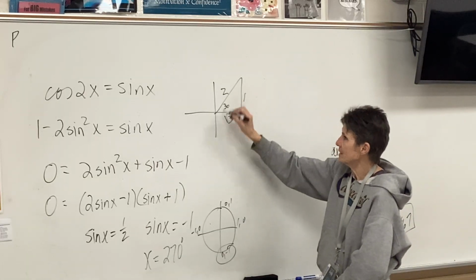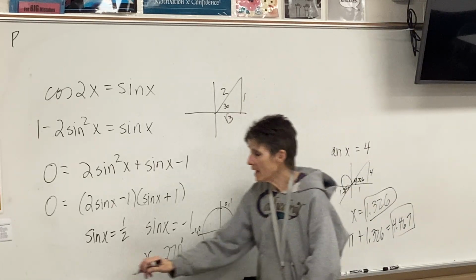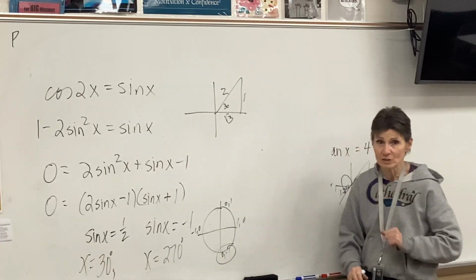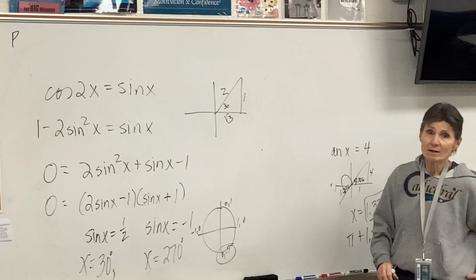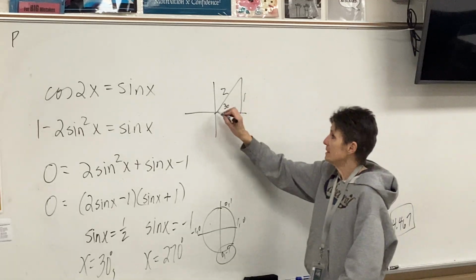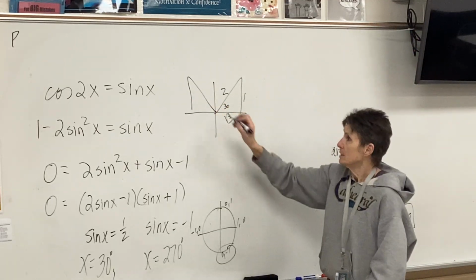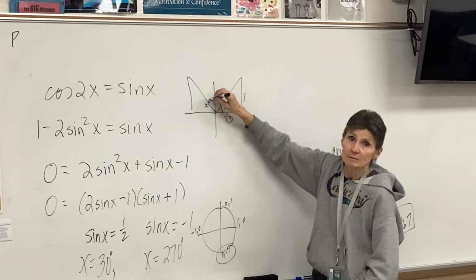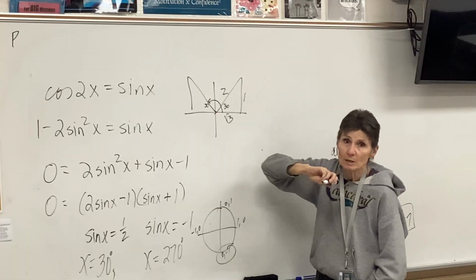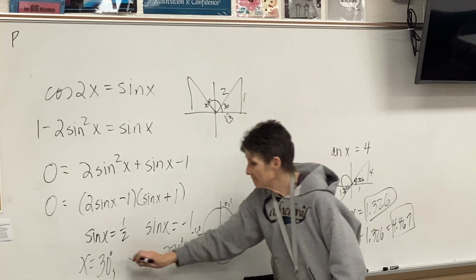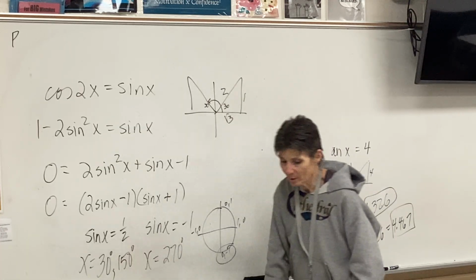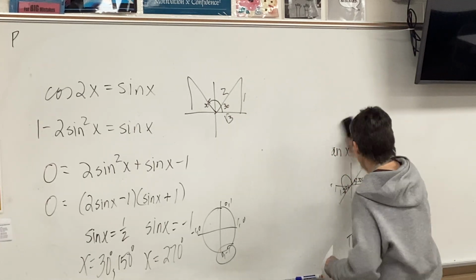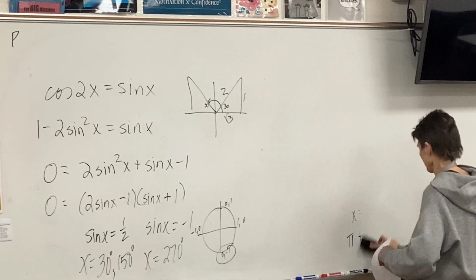Well, isn't that a 30? So the sine is 1/2 at 30, but it's 1/2 somewhere else. Where else is the sine positive? Isn't it positive over here? So what is the 30-degree angle in quadrant 2? 150. There we go. There are the answers to the problem. I think we may have done that one before. It looks really familiar.